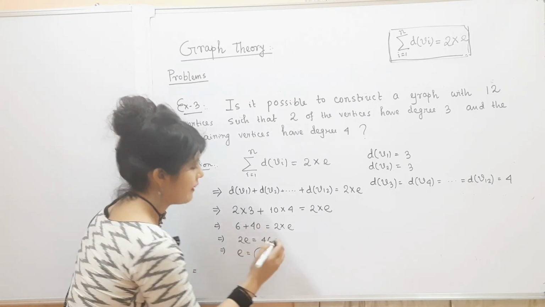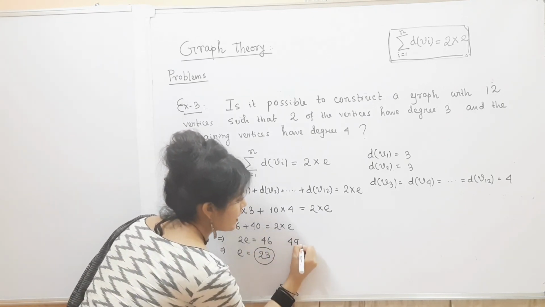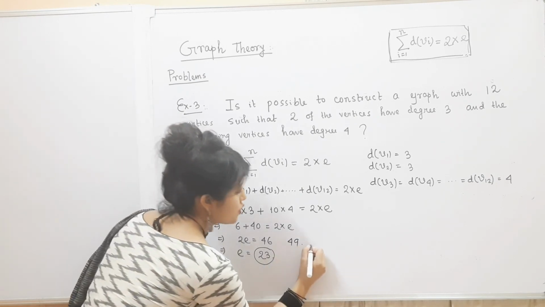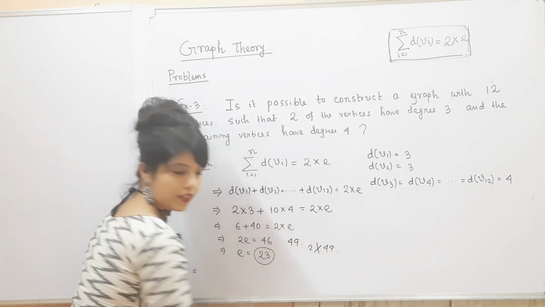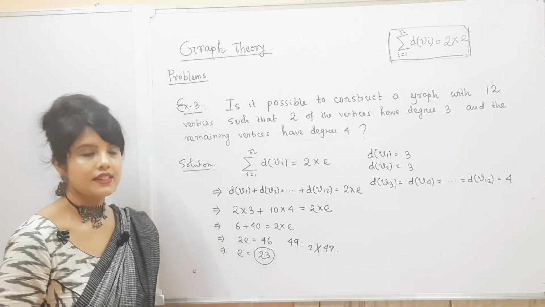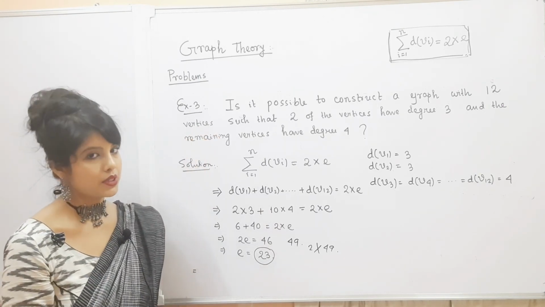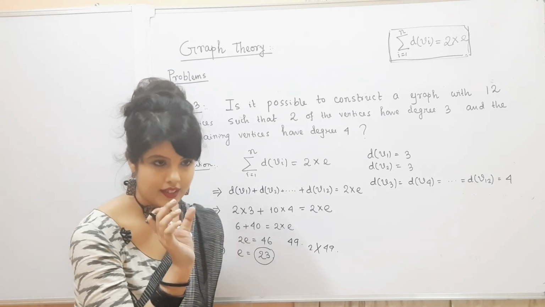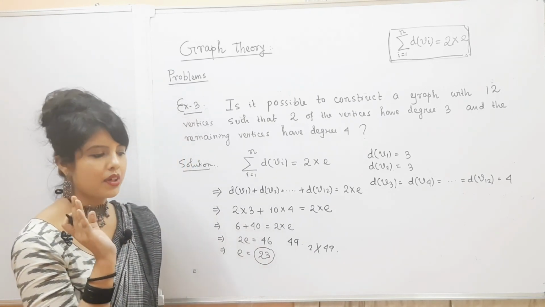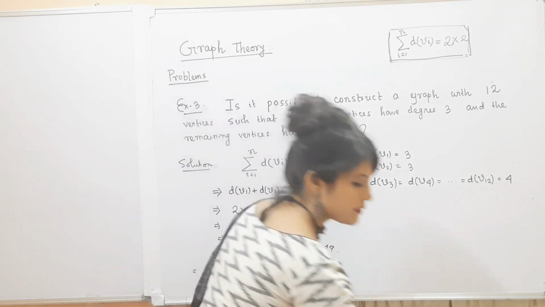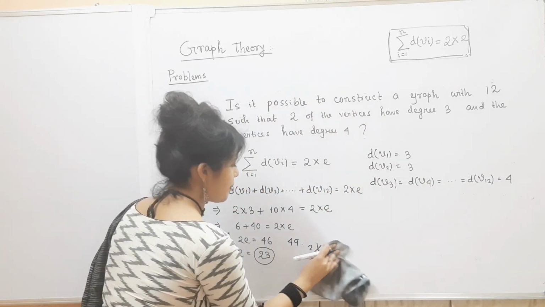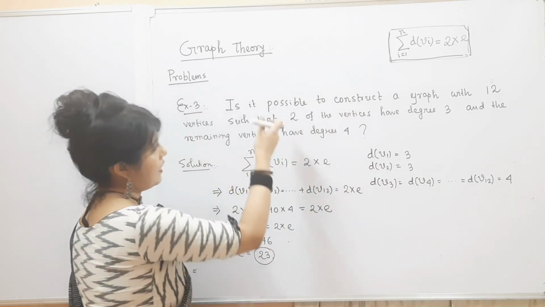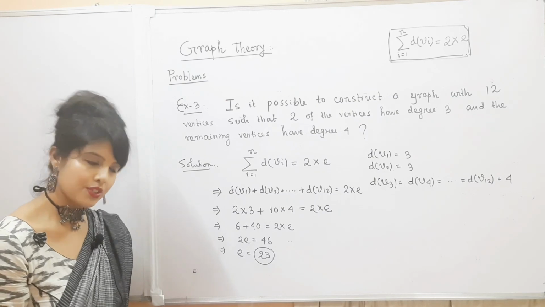If there is something like 49, then 2 does not divide 49. For such cases it is not possible to construct the graph, but since E is an integer and not a fractional number, it is possible to draw a graph having such properties.